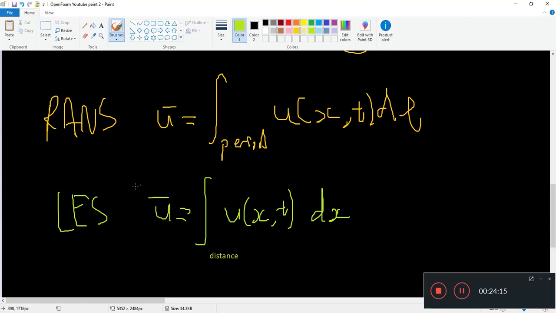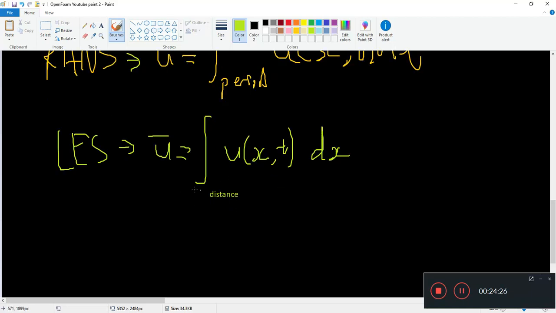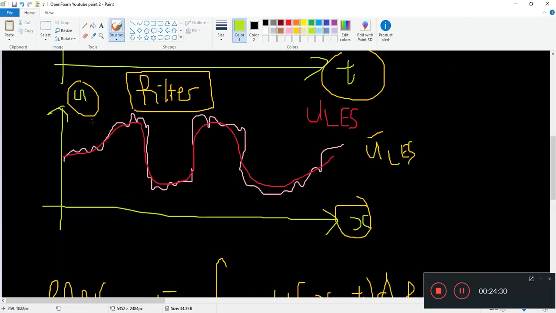That's how, conceptually speaking, LES is pretty different from Reynolds average Navier-Stokes. So maybe I'm taking this distance here. At every point, I set myself a fixed distance for which to average the velocity.